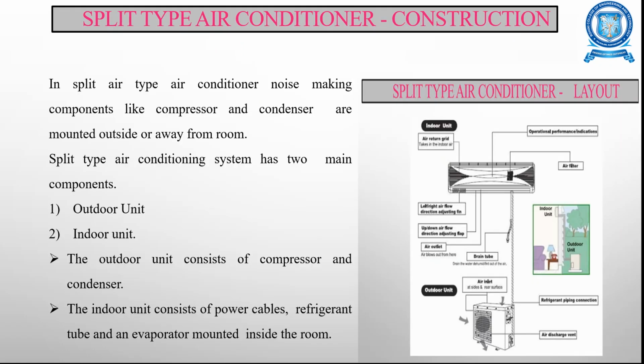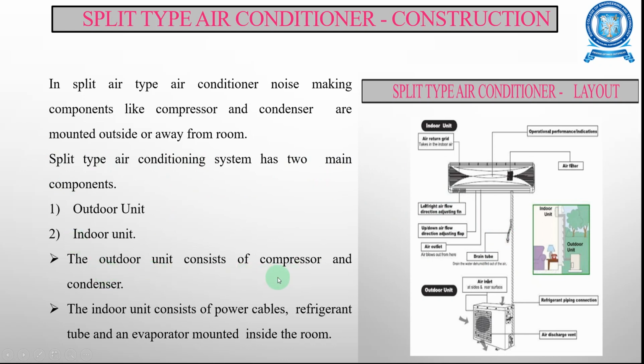So, coming to the construction of this split type air conditioner. Here, noise making components like the compressor and condenser are mounted outside or away from the room, that is, in the outdoor unit. This system has two main components, the outdoor unit and the indoor unit.